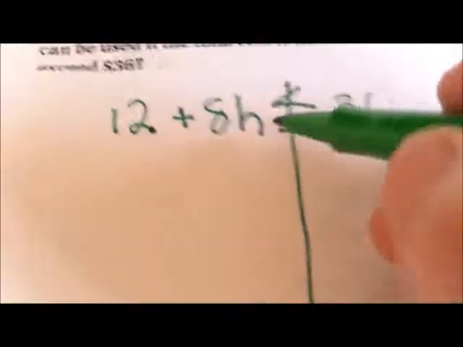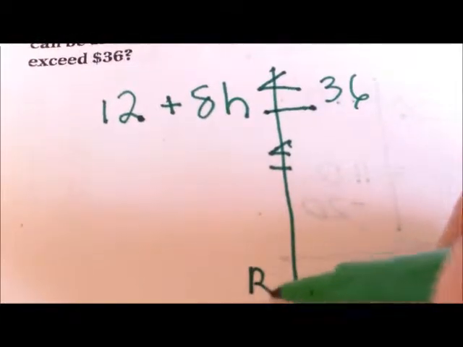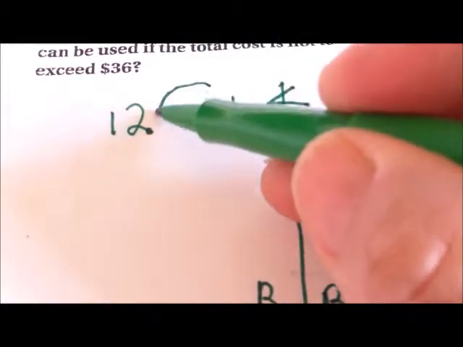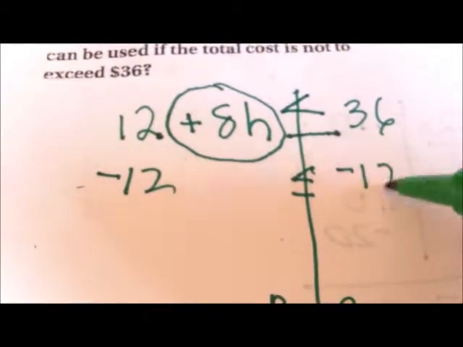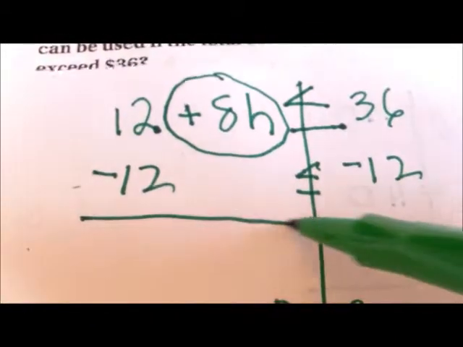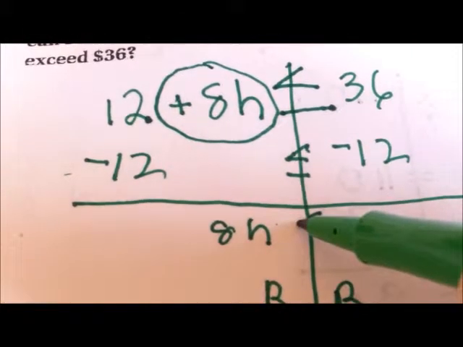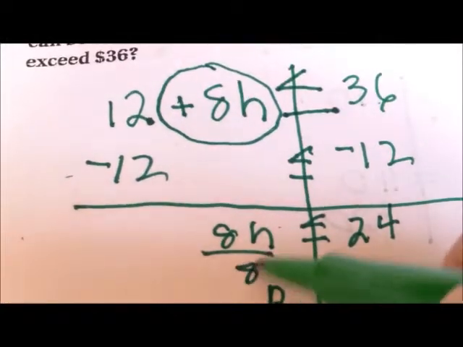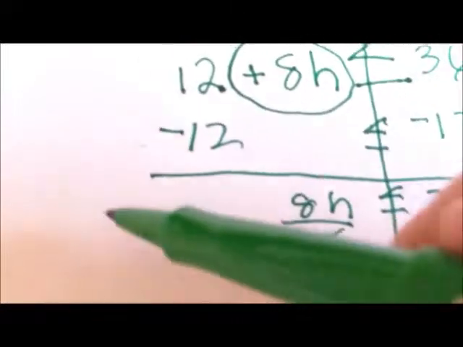So I want to isolate this variable right here, so I'm going to subtract 12 from both sides. And 8h is less than or equal to 24. And if I divide both sides by 8, h is going to be less than or equal to 3.